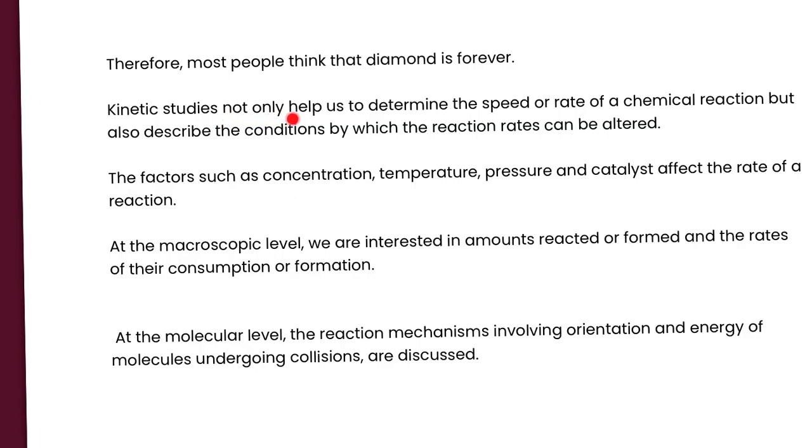Kinetic studies not only help us to determine the speed or rate of a chemical reaction, but also describe the conditions by which the reaction rate can be altered or changed. So kinetics determines the speed or rate of a chemical reaction or any process.